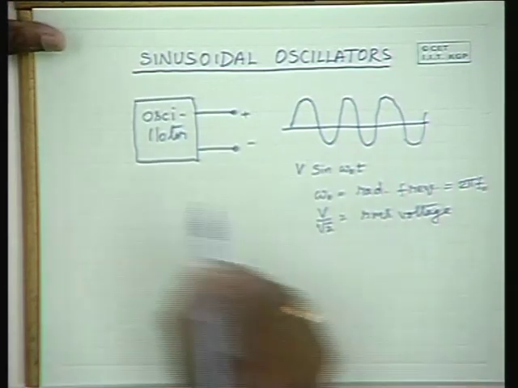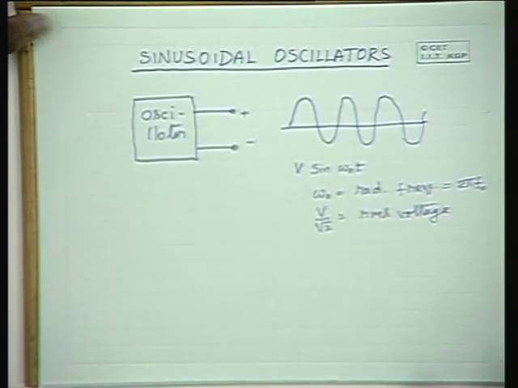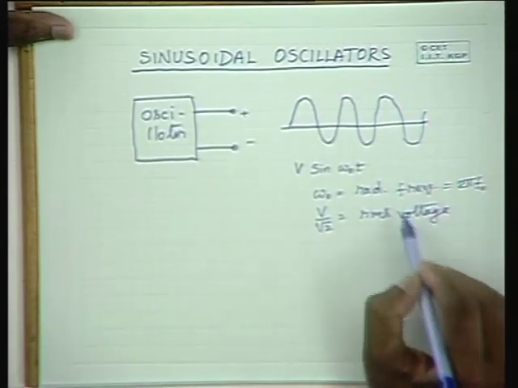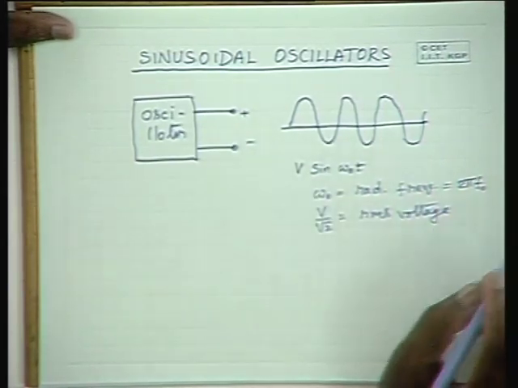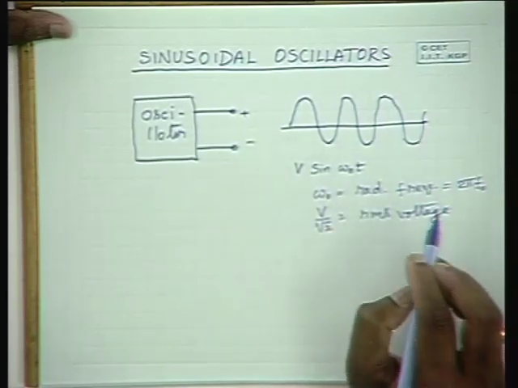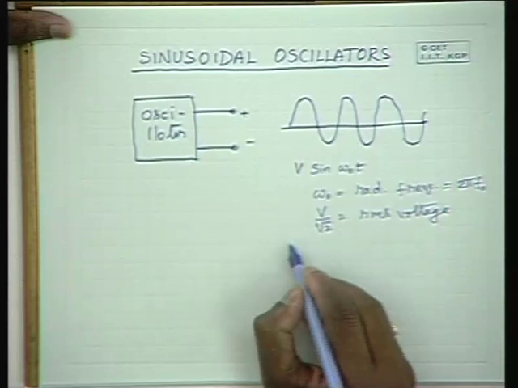So, when an oscillator is specified, we specify it in terms of the frequency and the RMS output. And another very important parameter here is the stability of the frequency.